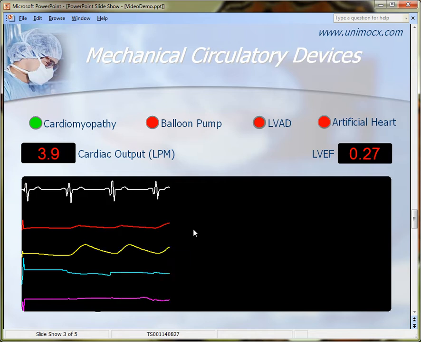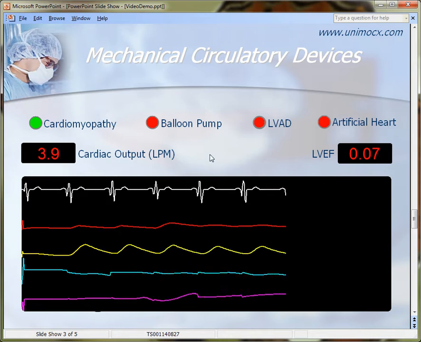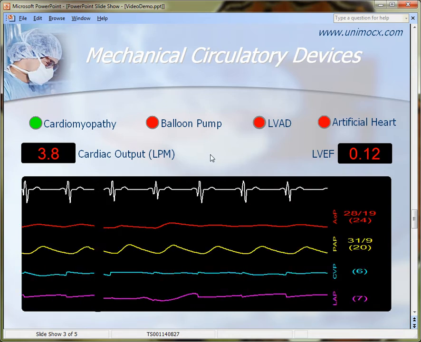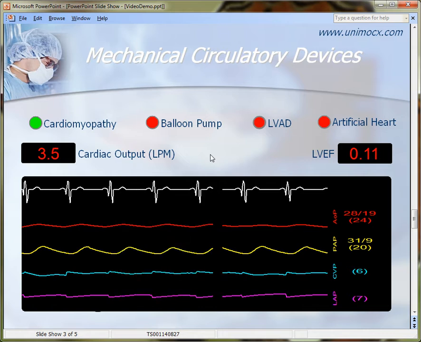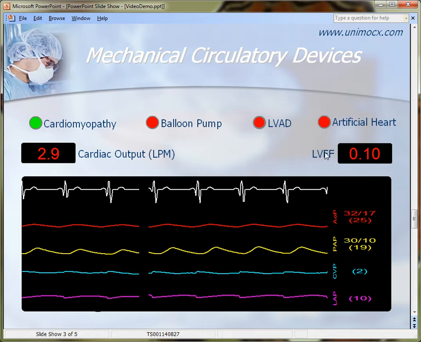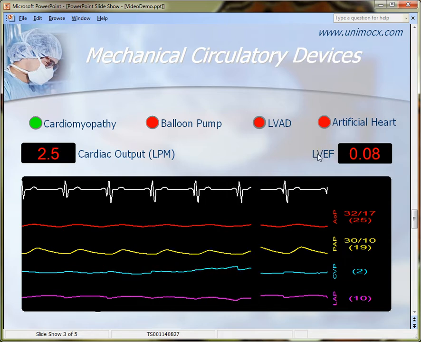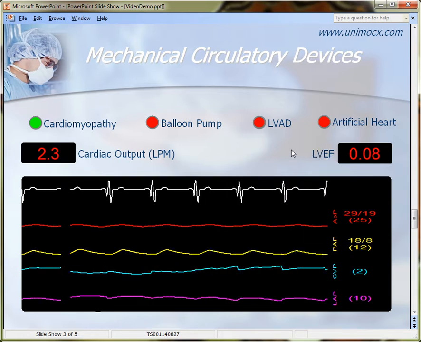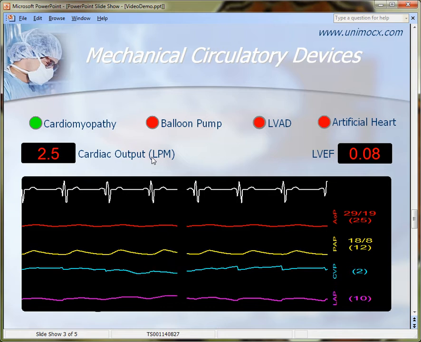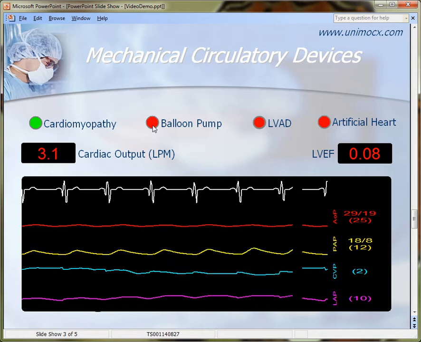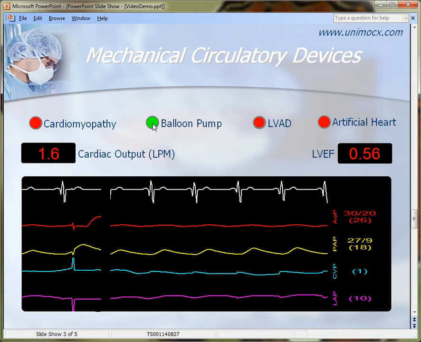One of the advantages of UniMocX is that it's able to simulate mechanical circulatory devices. In this case, we have a patient that has cardiomyopathy, very low left ejection fraction, 10% or below, and very low cardiac output. So let's first intercede with a balloon pump.